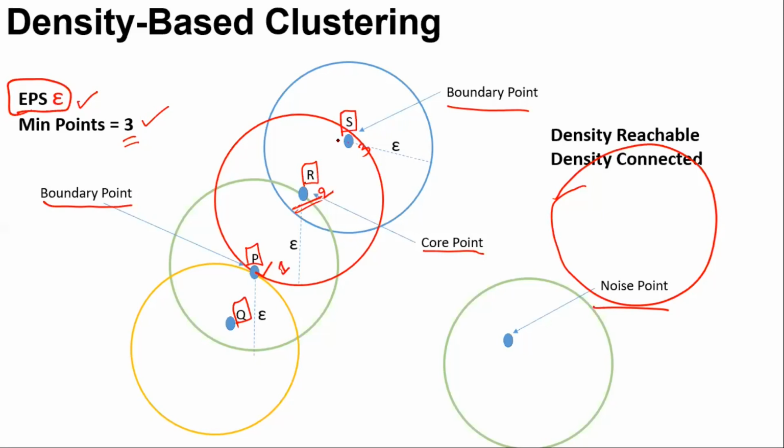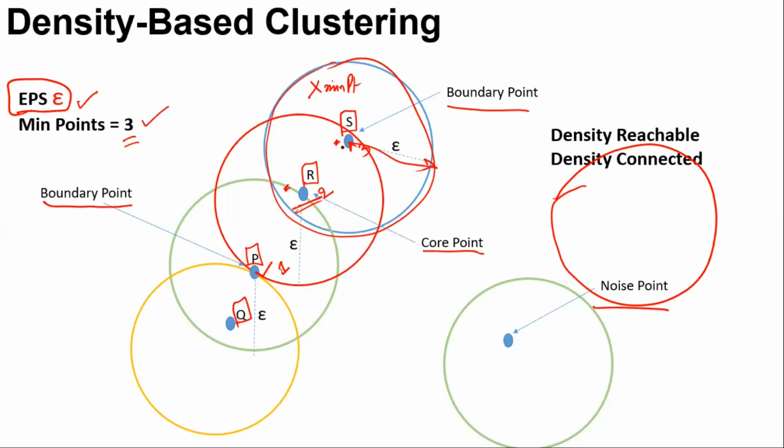Now let us talk about S. When you have S here, we have drawn this epsilon distance. In this particular region, how many points do we have? 1, 2, only 2 points, so it is not satisfying the minimum points condition.